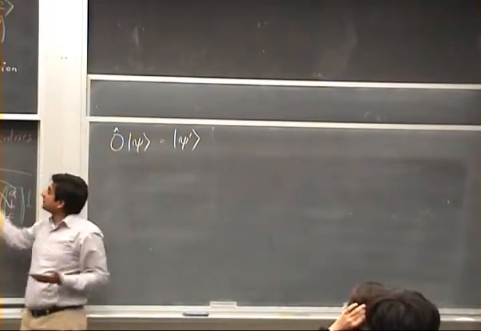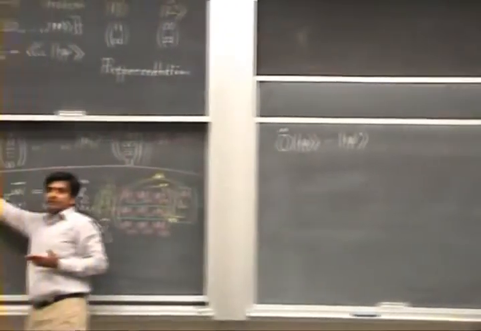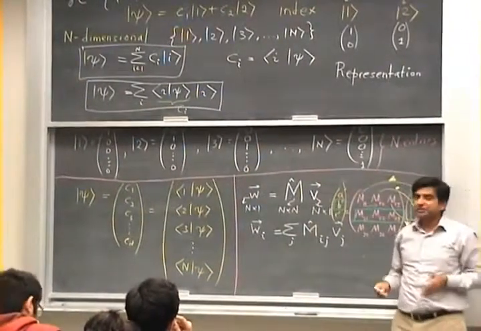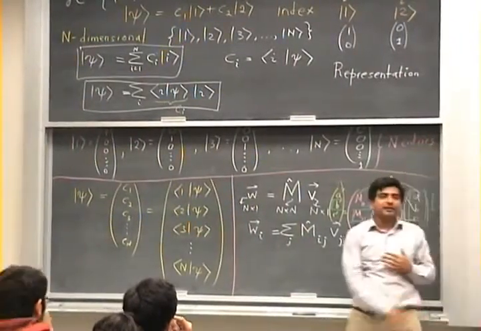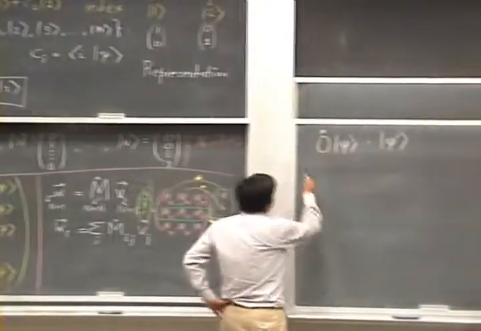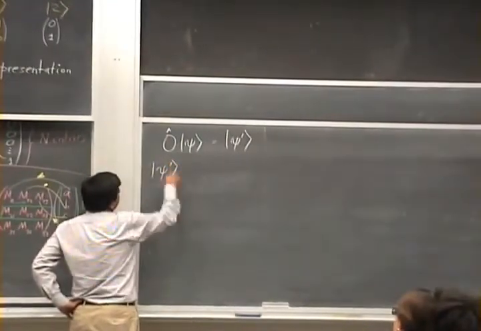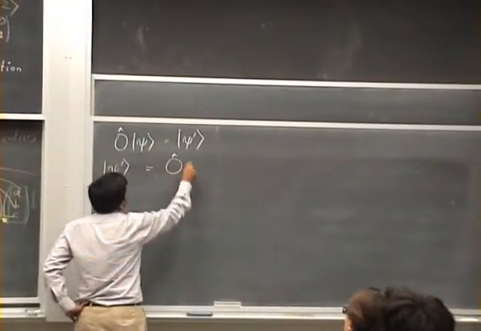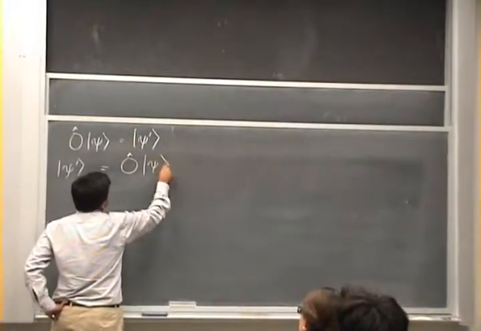Which means I have chosen my basis vectors and they are represented like this. So my initial state is represented as a superposition of these vectors. So now if you notice, ket psi dash, which is the final state, is simply operator O acting upon psi.